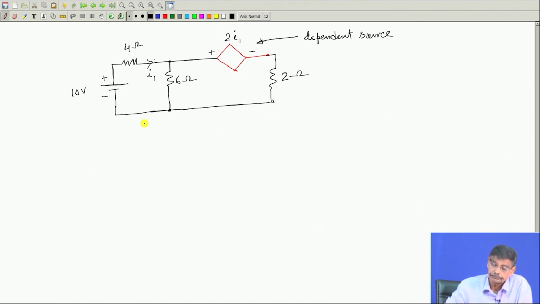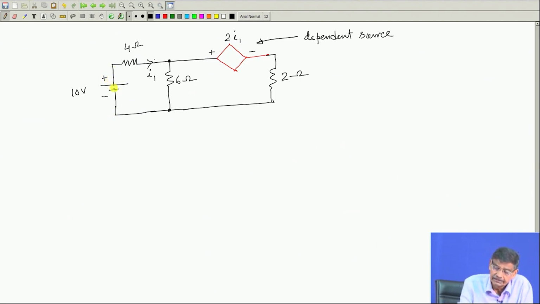Now, the point is how to solve it. There are various ways of solving this network, and first let us see that in this outer loop, there is only one unknown, I1. I have to form one equation involving I1. If I can do that, my problem is solved.